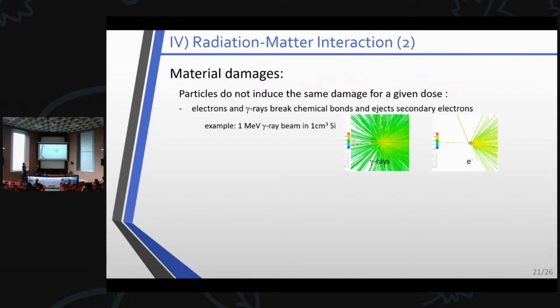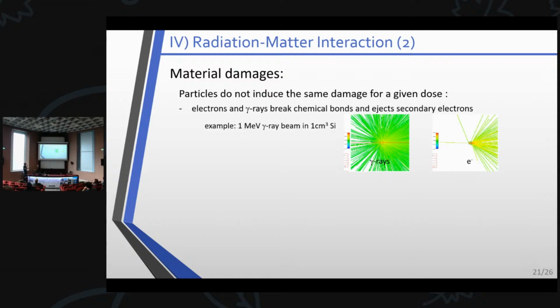For instance, electrons and gamma rays, as I said before, break chemical bonds by stripping out electrons. So I just performed a quick simulation. I send a 1 MeV gamma ray beam, you can see it in red, in 1 cubic centimeter of silicon, and you can see that there is a direct beam. There is scattering of gamma rays in every direction, and this beam also makes electron ejection in the process.